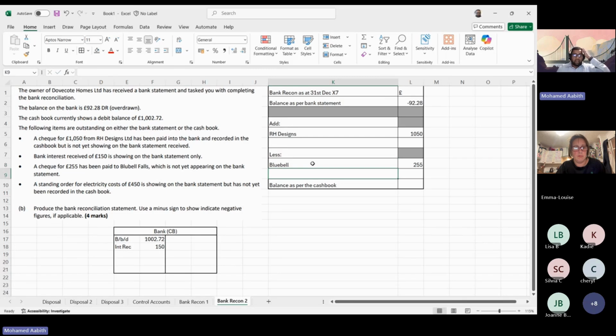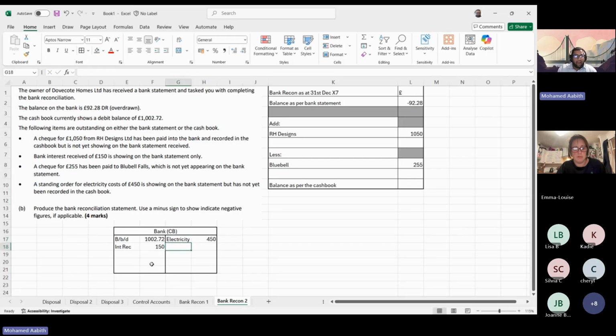And the last bit here, a standing order for electricity costing £450 is showing on the bank statement, but not yet recorded in the cash book. So we need to make sure we say electricity, and that is for the amount of £450.